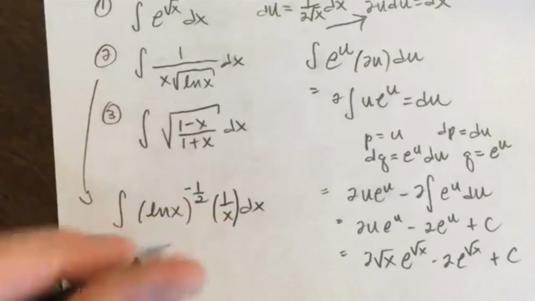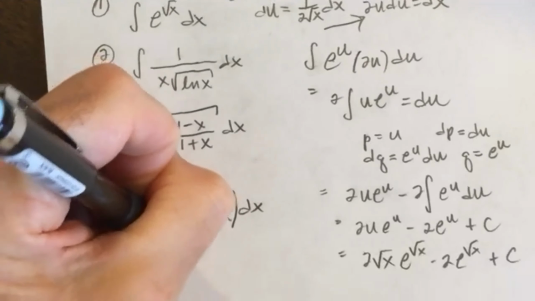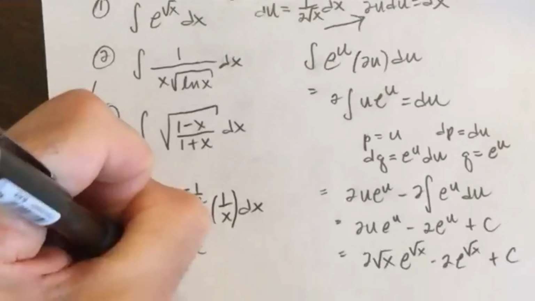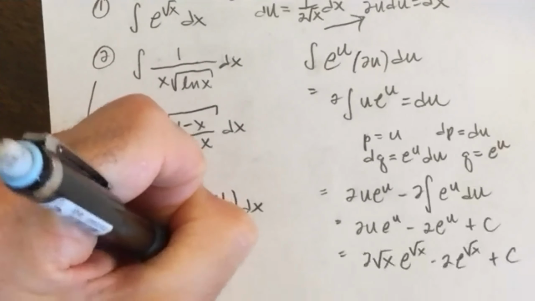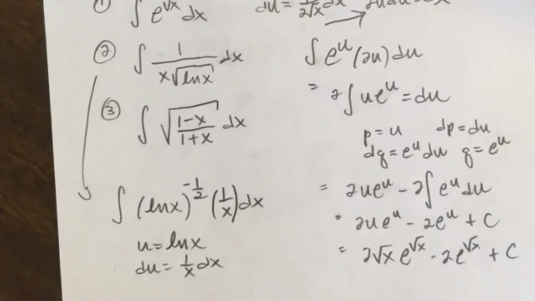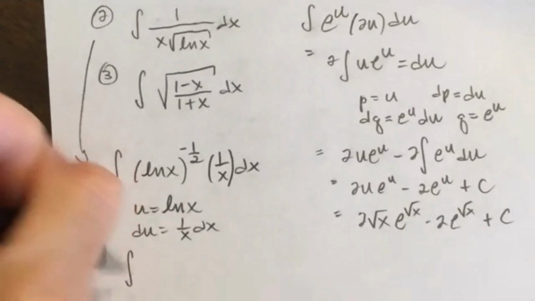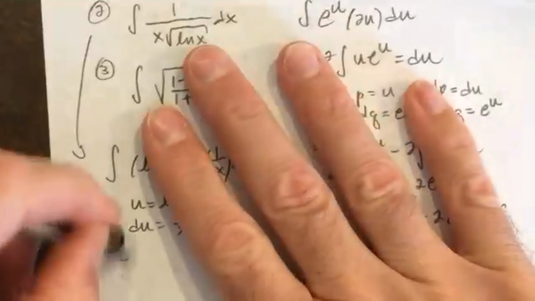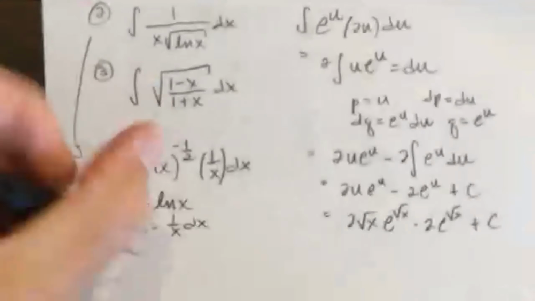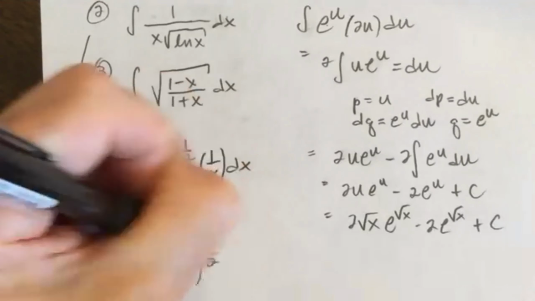So if you like actually physically making a substitution, you can say, let u be log x, du is 1 over x dx, and of course make this a physical substitution in here. But I usually don't for chain rule. I just recognize it as a chain rule, and then I just go from there. So it's to the minus 1/2, must have been to the positive 1/2 before.